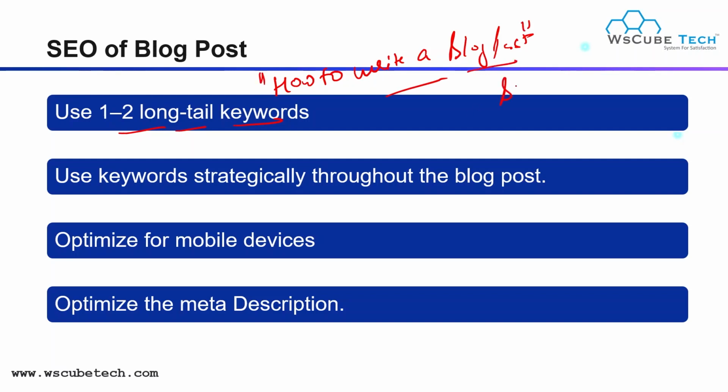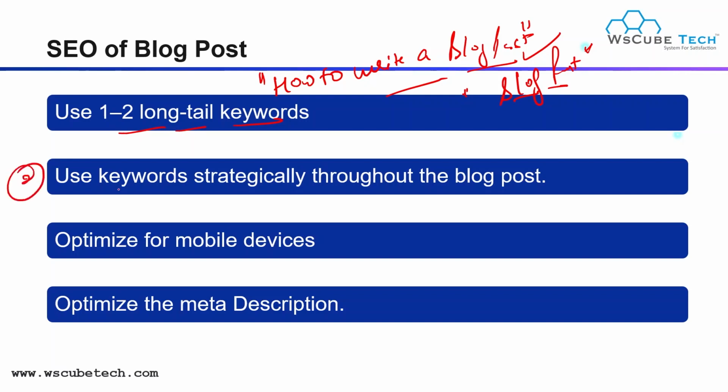And your short keyword is just like blog post. So as we all know, how to write a blog post is much more impactful in terms of SEO than the short keyword blog post.